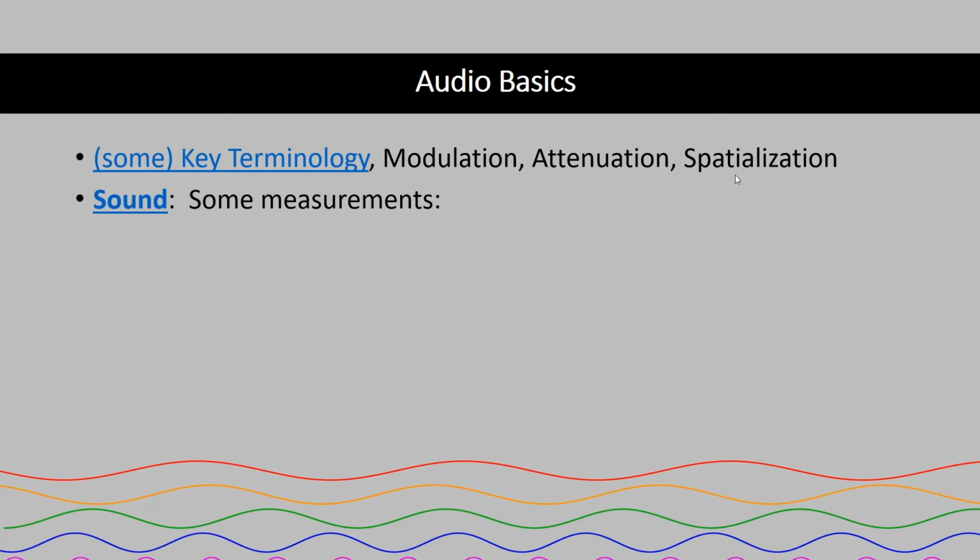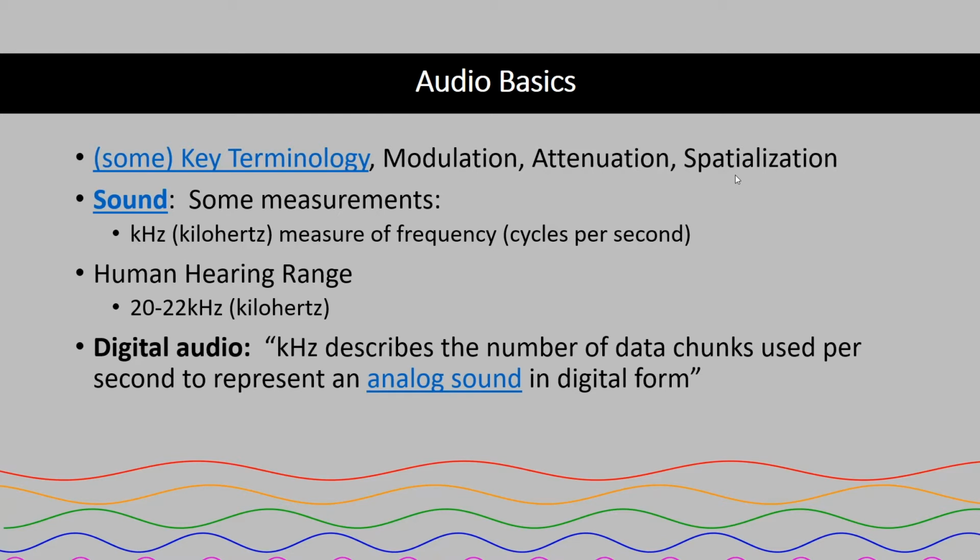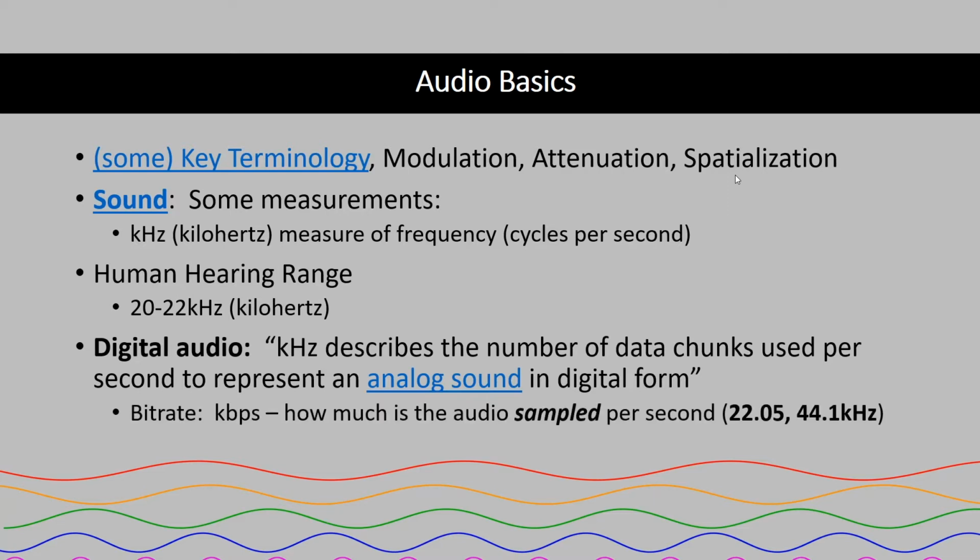Sound has measurements in kilohertz, and that definition is a measurement of frequency. It's a number of cycles per second. However, as you move into the digital realm, it's slightly different. It has to do with the way it's sampled. Now, our human hearing range is 20 to 22 kilohertz, and digital audio describes the kilohertz as a number of data chunks per second used to represent the sound form. That's connected to how it's sampled per second.